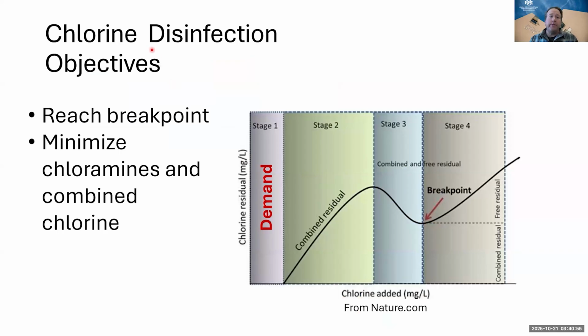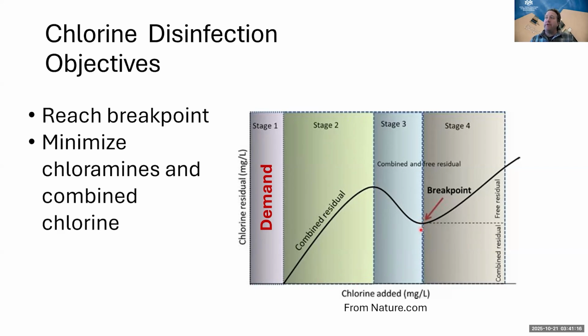The main goal when you disinfect with chlorine is you need to reach breakpoint. If you're doing chloramination, you want that combined residual, focusing on monochloramines. But when we're doing just straight chlorine with hypochlorite salts or with gas chlorine, we need to reach breakpoint.